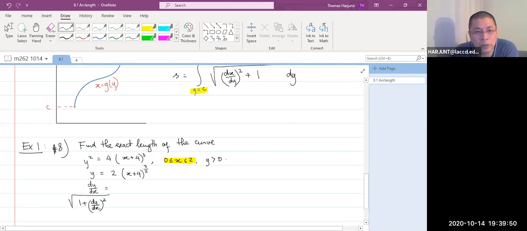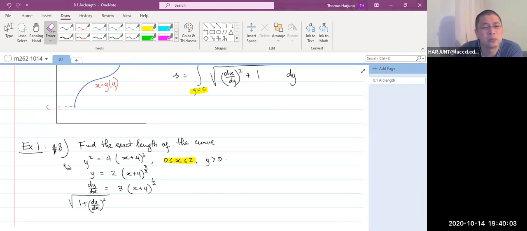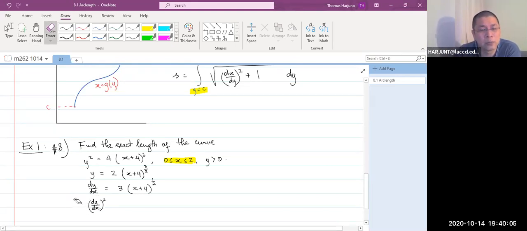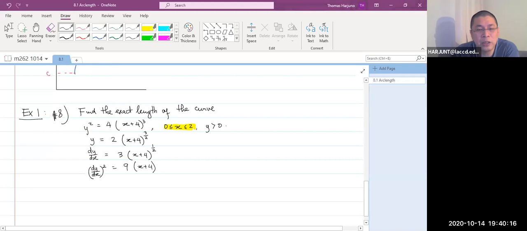Then I do the derivative. That will be 3 times (x plus 4) to the power of 1/2. Then if I square it, I get 9 times (x plus 4), which is 9x plus 36.